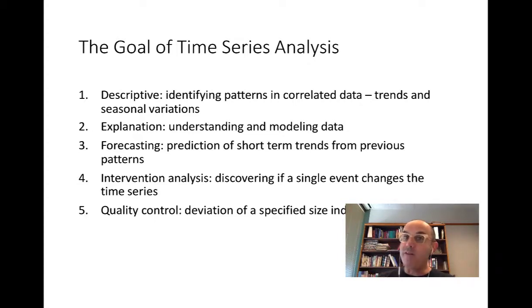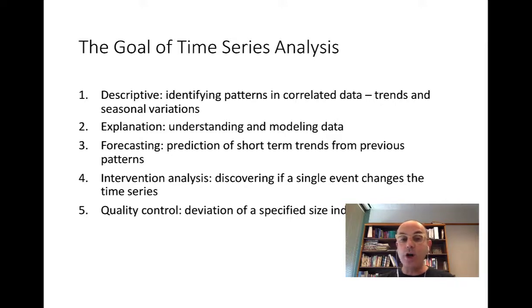We need to provide explanation, understanding and the modeling of the data. How do we model the data in order for us to apply that? We also need to talk about forecasting, which is a prediction of short-term trends taken from the past in order for us to make predictions about the future.